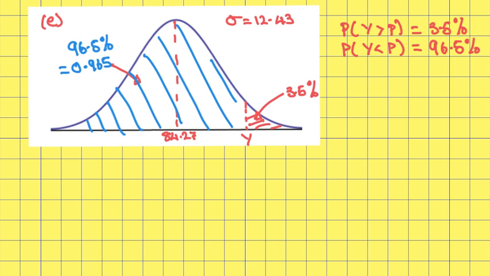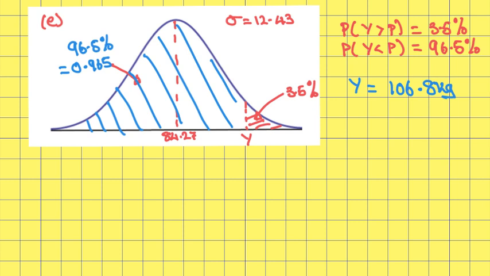When I put that information into my TI Inspire, I get a value for Y that is equal to 106.8 kilograms. That means a weight of 106.8 kilograms gives me 3.5% of the population above that weight of 106.8 kilograms.